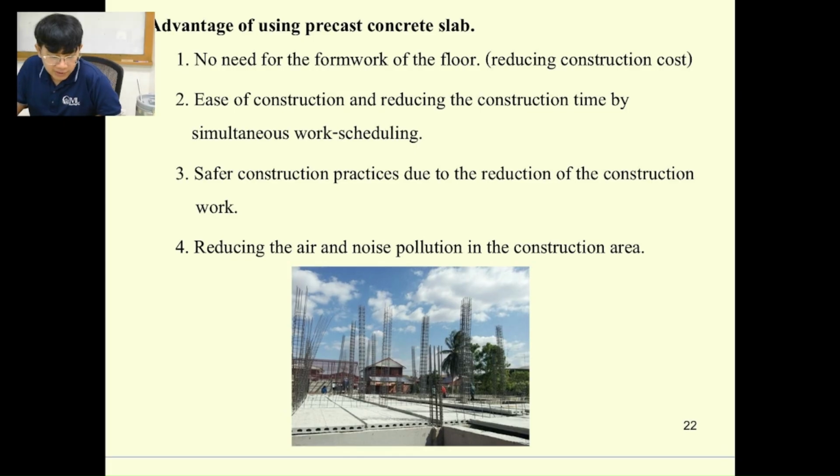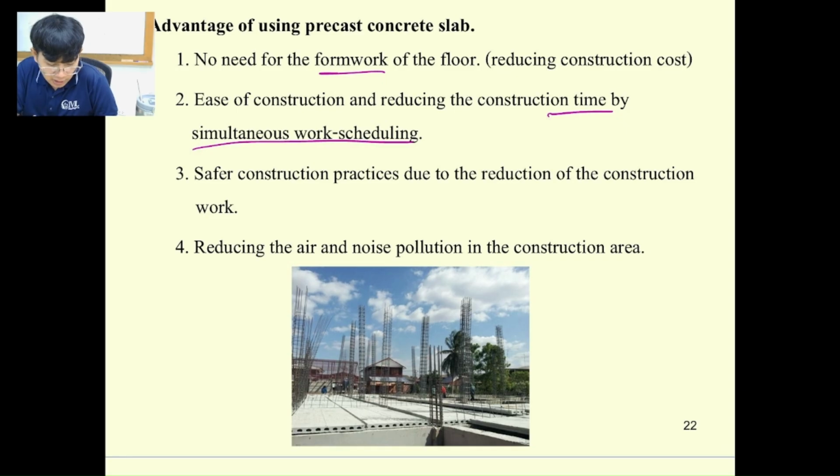So there are a lot of advantages of using the precast concrete slab. We don't need a lot of formwork. We also save some construction time, and we can continue construction in different sites, so we can manage the manpower to any places.